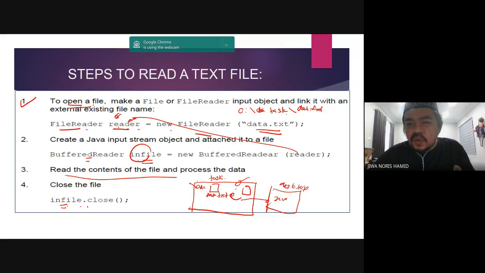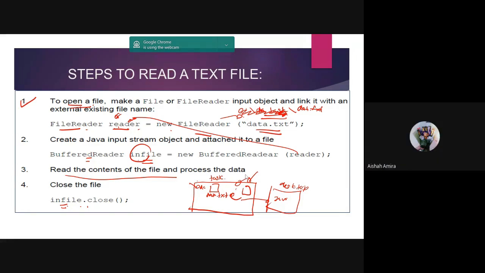Why we need to specify the directory? Dia punya alamat dia dekat mana? Because kita put in different folder. Clear or not clear? But you don't have to write C, ataupun D, ataupun my documents, because you store both files in the same folder. Clear, sir.